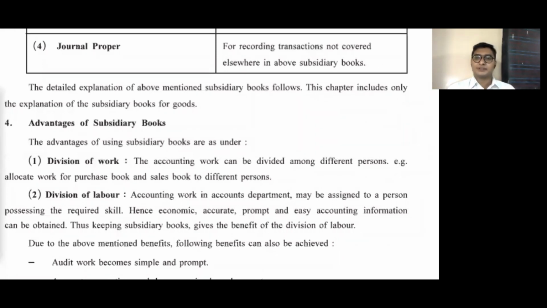It means if there is only one accountant in the business, then he suffers so many problems: recording the transactions, identifying the transactions, preparing journal entries, preparing subsidiary books, then as you study further, preparing the trial balance, and then the balance sheet. So here work is divided by preparing subsidiary books.